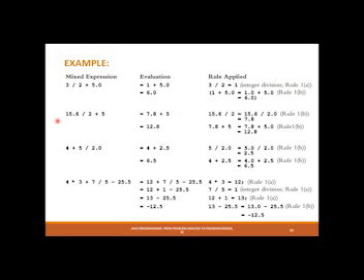Second example, we have 15.6, that's a floating point operand, divided by 2 plus 5. What shall we do first? Divide siyempre. So, 15.6 divided by 2. Kaya lang, itong 2 natin, kasi integer siya eh, gawin natin siyang floating point.